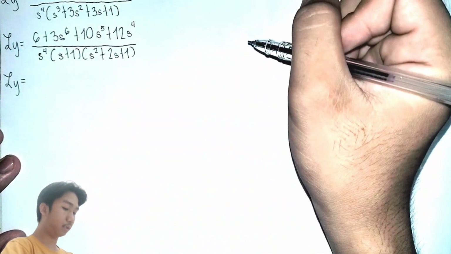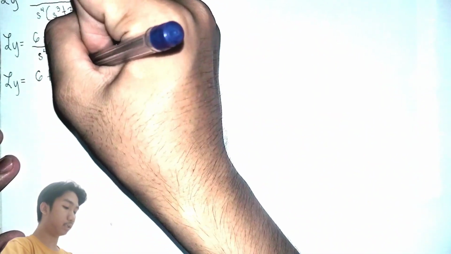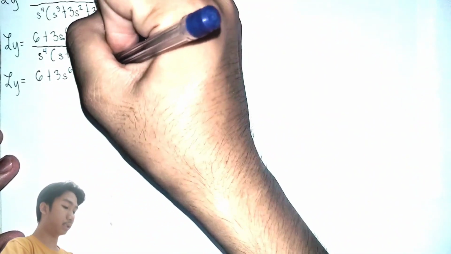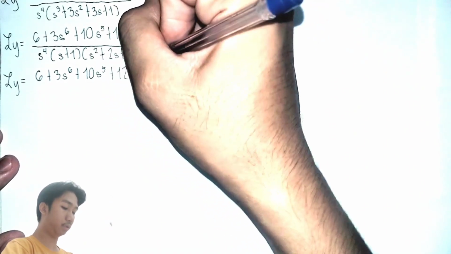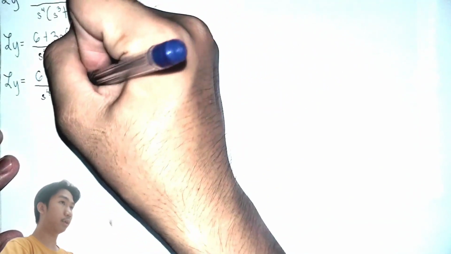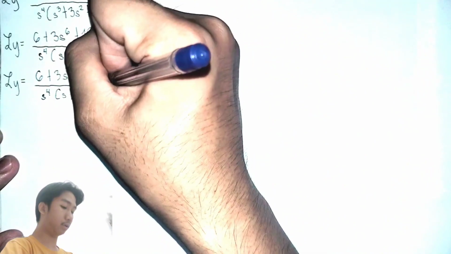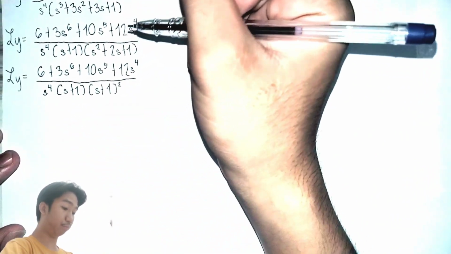That would be s raised to 4 multiplied to s plus 1 multiplied again to s plus 1 squared, and as you can see that would be s plus 1 cubed.